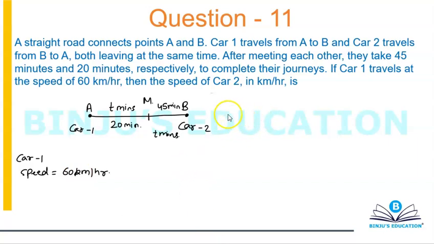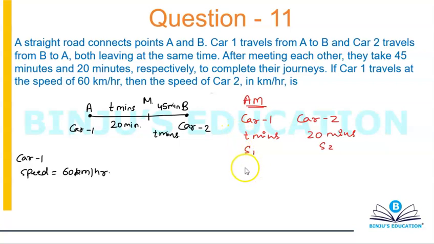let's consider the scenario of AM, the distance AM. Car 1 took a total time of T minutes and let the speed be S1. Car 2 took a total time of 20 minutes and let its speed be S2. Now AM distance is constant whether you go from A to M, that is for car 1, or from M to A, that is for car 2. The distance is constant, which means I can write D equals T into S1, which is equal to 20 into S2.